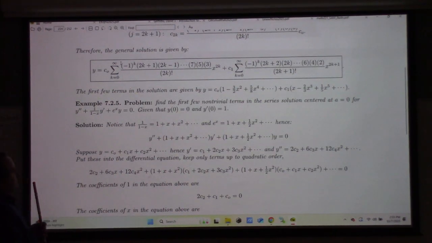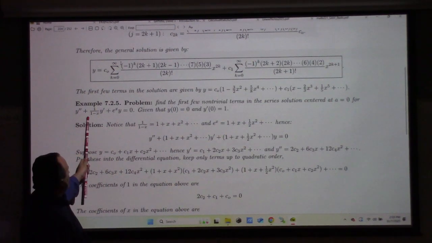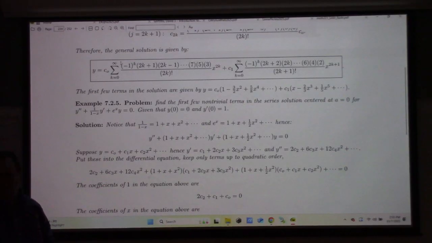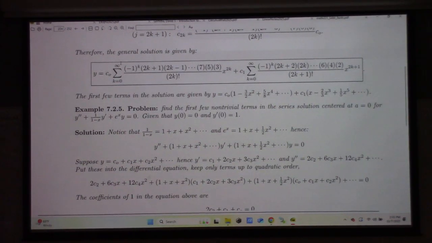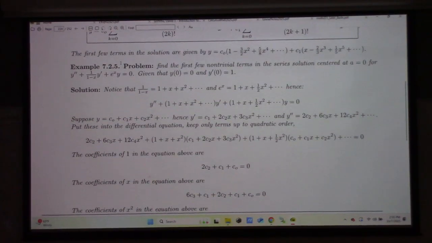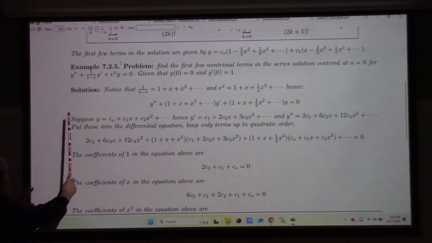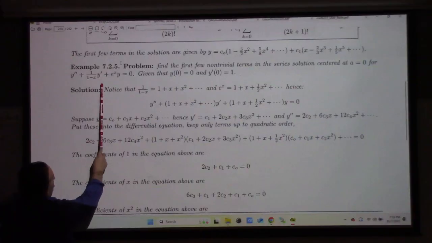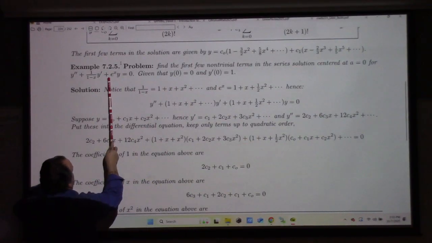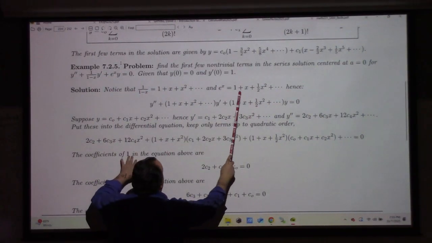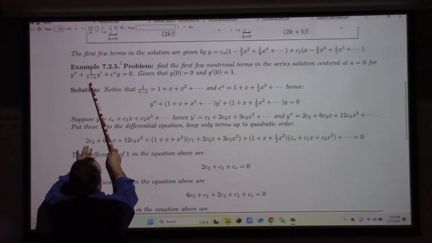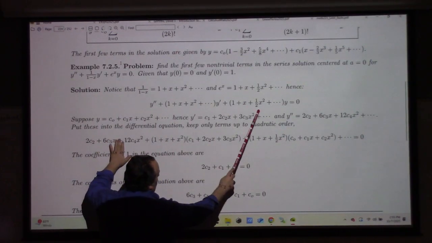All right, so the way this is done is we expand the coefficient functions with their Maclaurin expansions. Like 1 over 1 minus x is that, right? e to the x has this Maclaurin expansion, so then I plug those in to where they are in the differential equation, right?